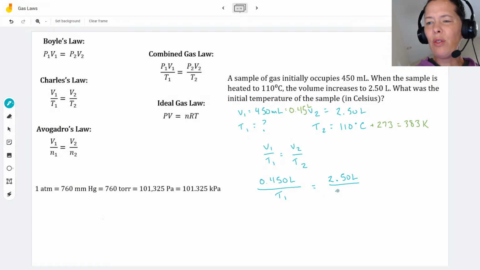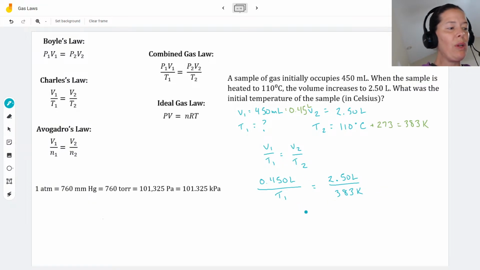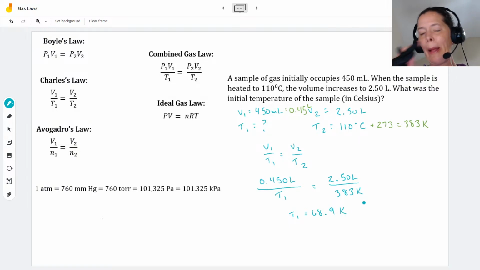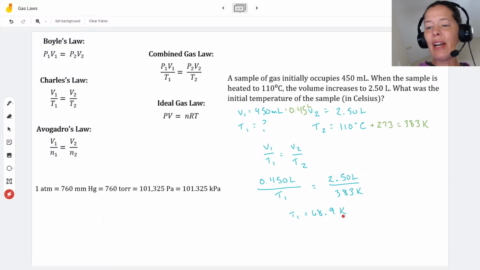And our T2 is 383 Kelvin. Again, making sure that our units match and we're converted to Kelvin. So when we do this calculation, we will get a T1 of 68.9 Kelvin.